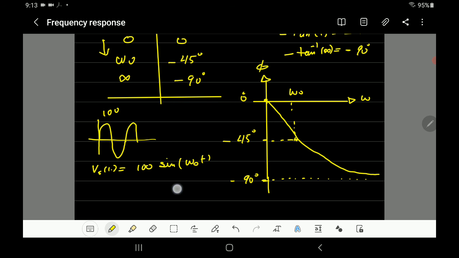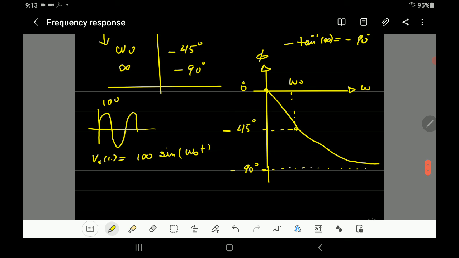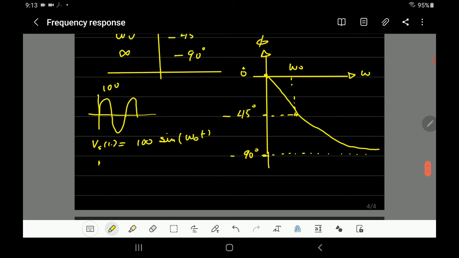It will have a shift of negative 45 degrees. What does it mean? It means that the output amplitude will be less, as you know, 70.7, and it will not start from 0. It will be delayed by 45 degrees. So at 45, the sine will start. So that's the meaning, the effect of the phase.